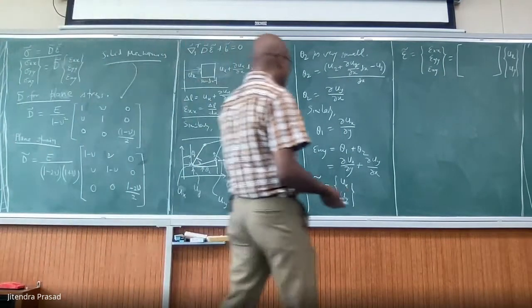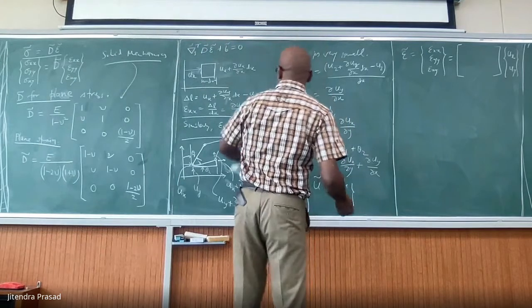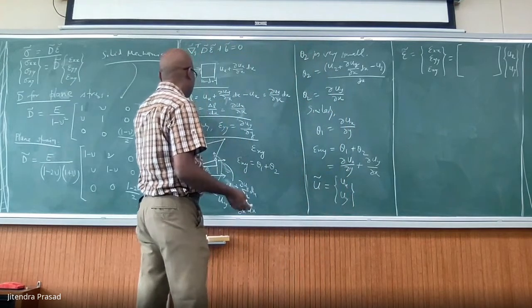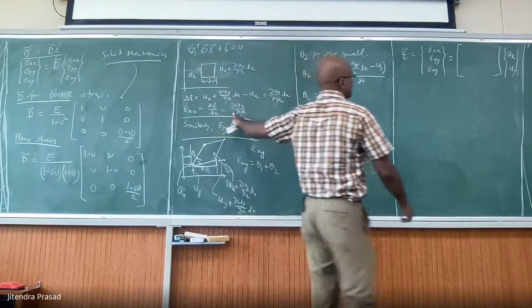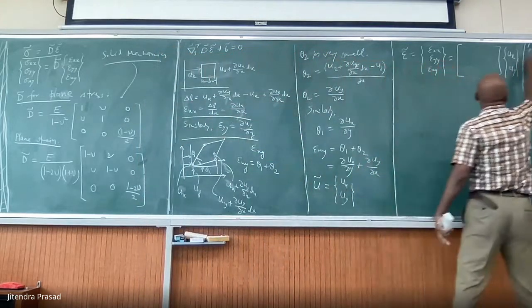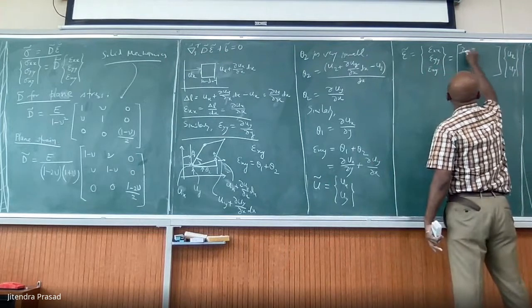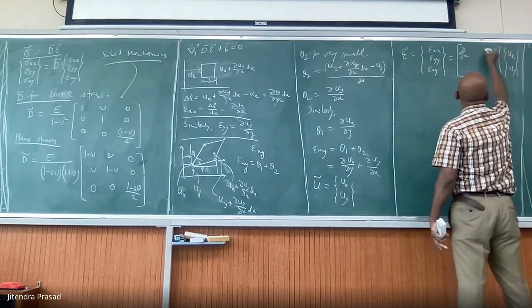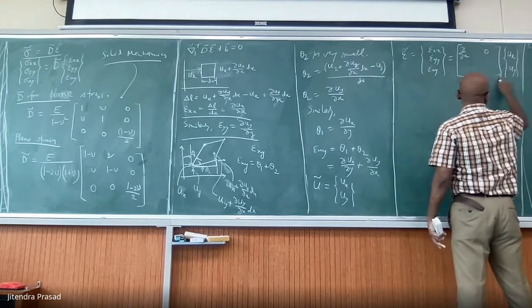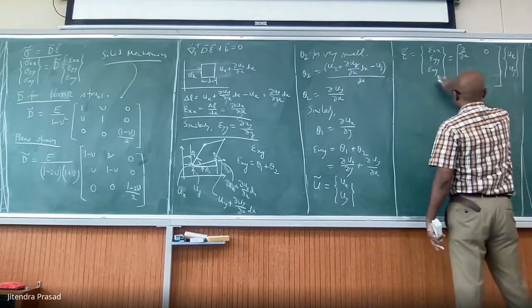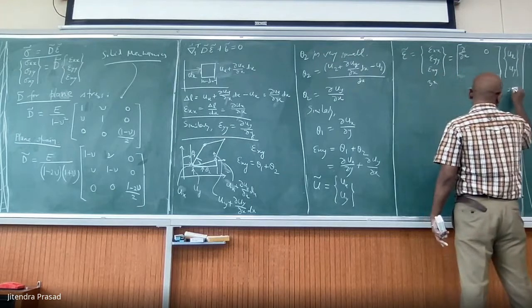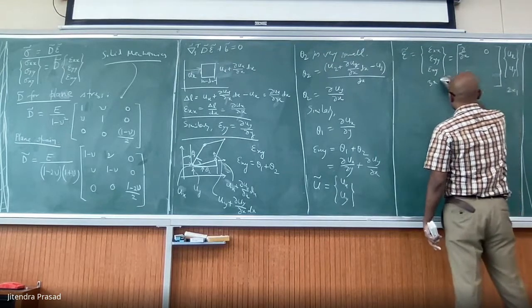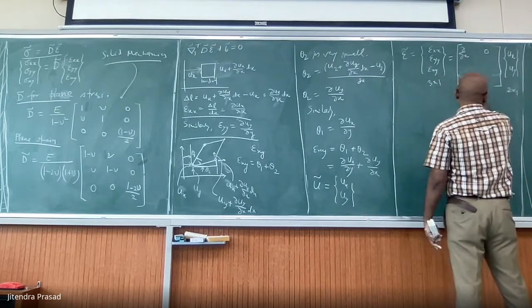And you can see from here that epsilon xx is equal to del ux over del x. So what will we write here? Del over del x and then 0. Since it's 3 by 1, so it has to be 3 by 2. This will be 2 by 1, right? So this is 3 by 1.